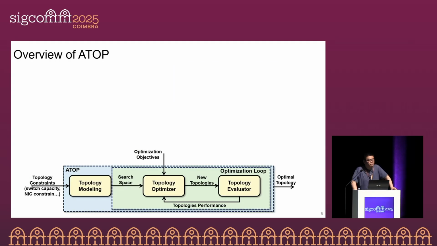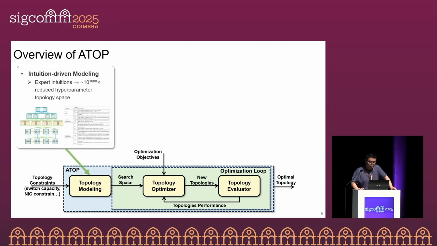To this end, we propose ATOP, an automated topology optimization pipeline. The first part of ATOP is topology modeling. We study all the popular DCN and HPC topologies and distill the expert intuitions behind each design. These intuitions reduce the search space by about 10 to the power of 1,600 times.